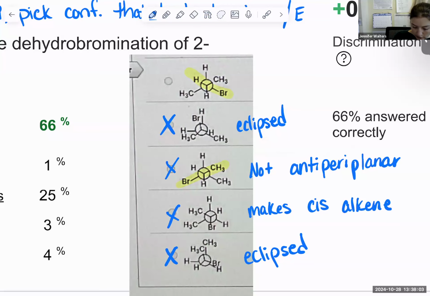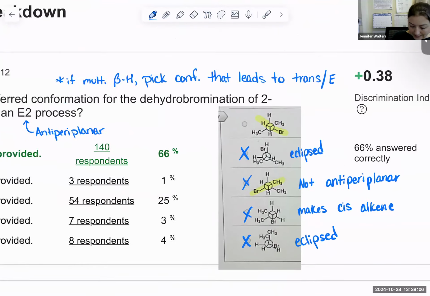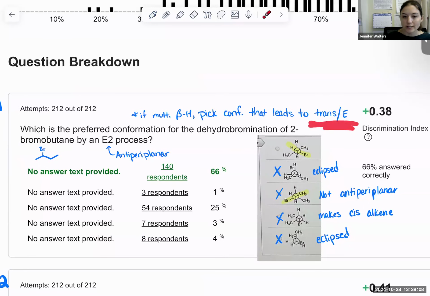So that is also incorrect because that's not going to lead to the more stable alkene. That doesn't lead to the trans or the E alkene. So the only correct answer is that first one, where you see that the methyl groups are opposite and you have the hydrogen 180 degrees from the bromine.